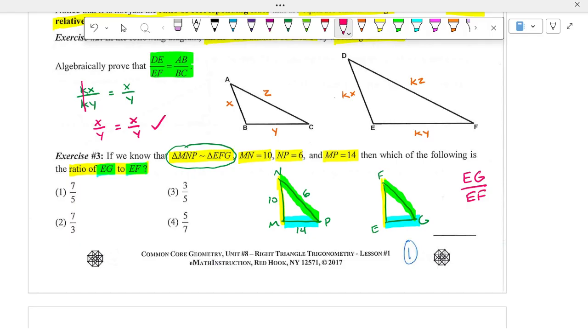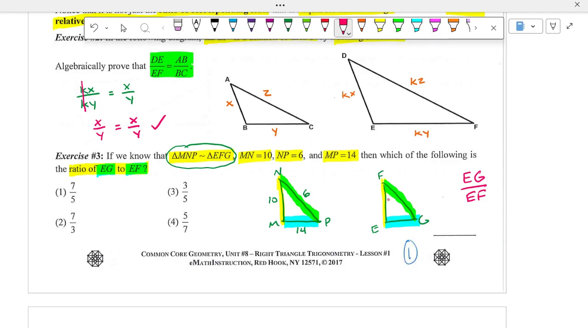Now, the only way we can figure out this ratio, because they don't give us side lengths for EFG, but they do give us side lengths for its similar triangle. So what do you think I'm going to have to do? Use the what? Well, not necessarily the scale factor, but you're kind of on the right track. We need to use the corresponding sides. All right.